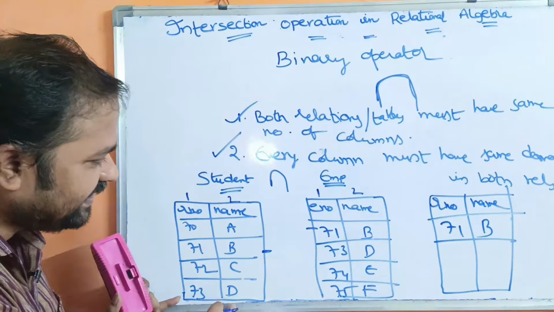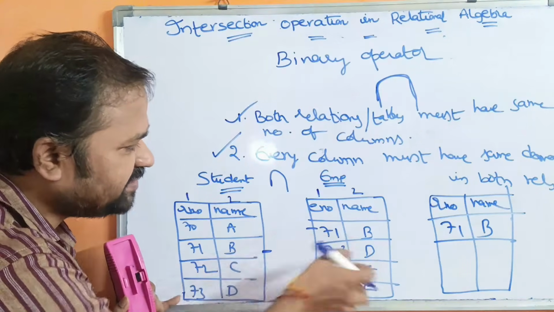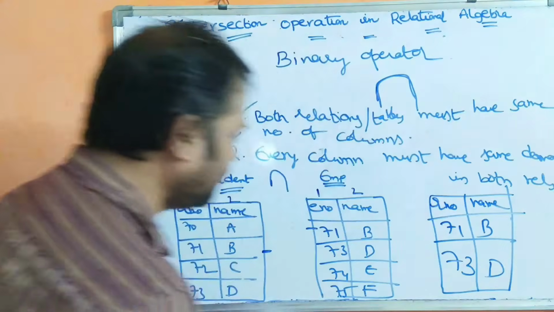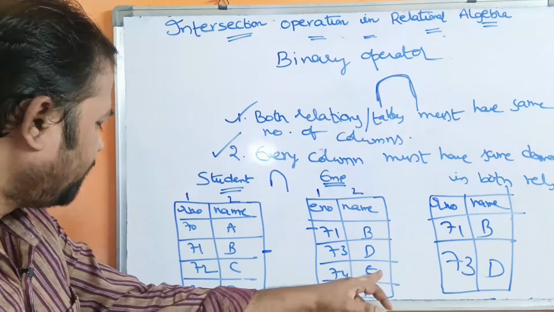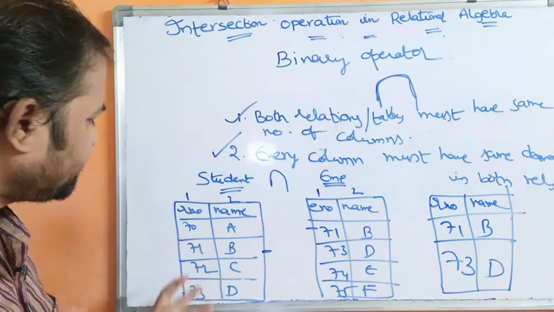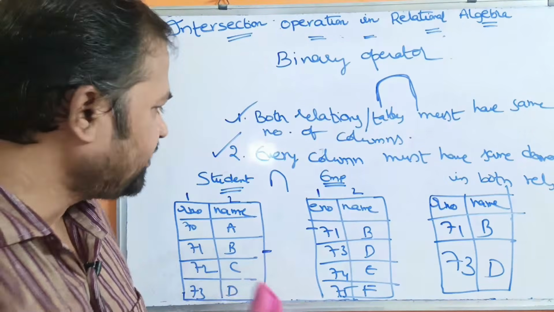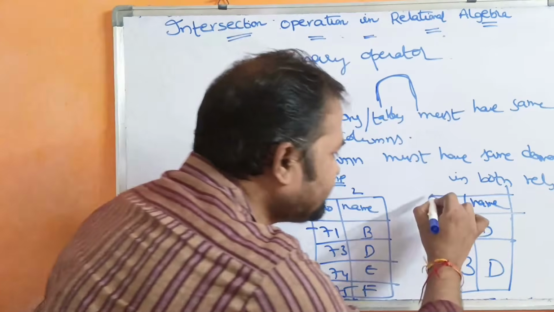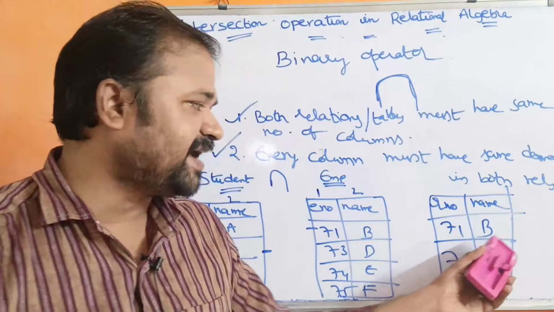Next, 73D is present in both the relations. So the second row is 73D. Here also 74E is not present in this relation. 75F is not present in this relation. So the intersection of these two tables returns this result.